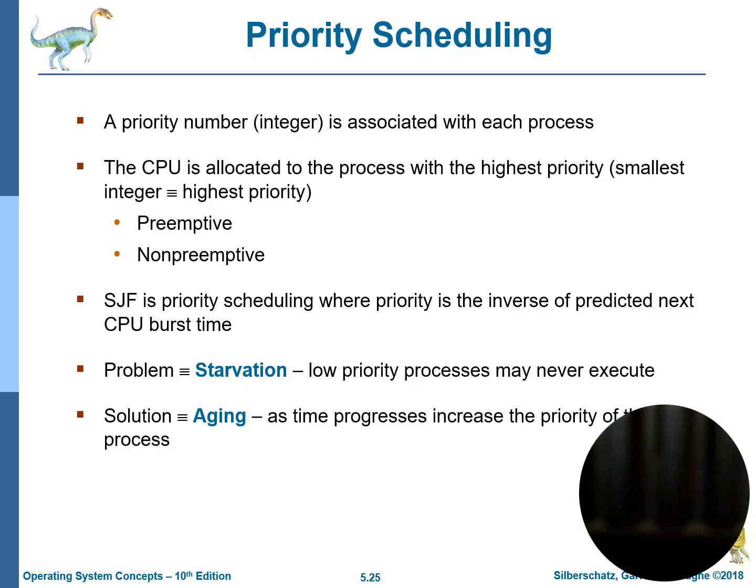It means the longer the process stays in the queue, the higher its priority is going to be incremented, and therefore it can soon execute. That's the idea of countering starvation.